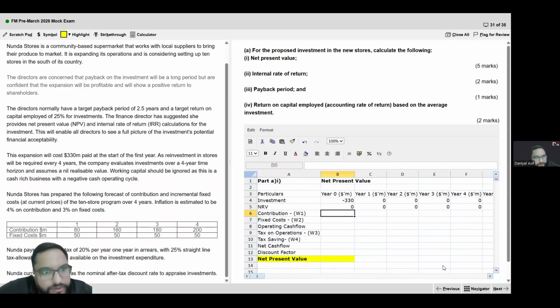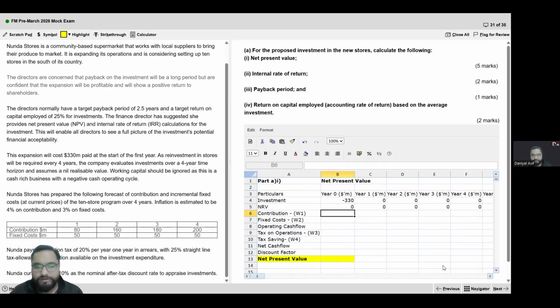Now, Nanda Stores has prepared the following forecast for contribution and incremental fixed cost at current prices of the 10-store program over 4 years. Inflation is estimated to be 4% on contribution and 3% on fixed cost. So in this question, the examiner is testing incremental fixed costs, incremental contribution, and inflation. We know that the inflation on contribution is 4% per year.